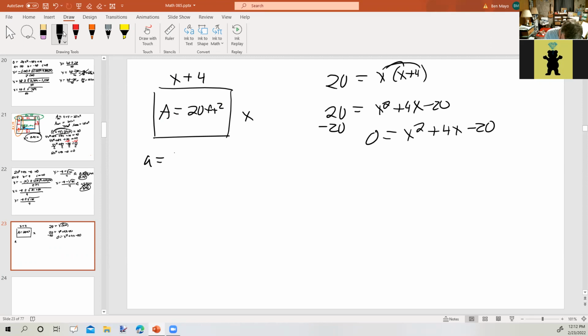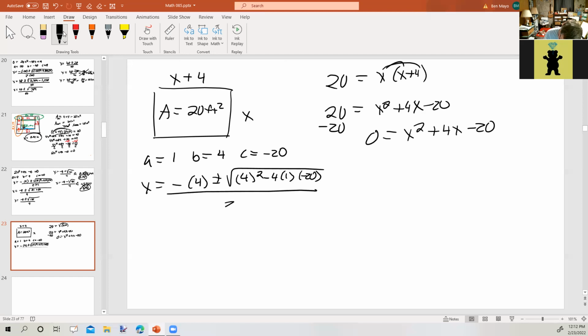So a is 1, b is 4, c is negative 20. x equals negative b plus or minus the square root of b squared minus 4ac all over 2a. X equals negative 4 plus or minus the square root of 16 plus 80 all over 2.